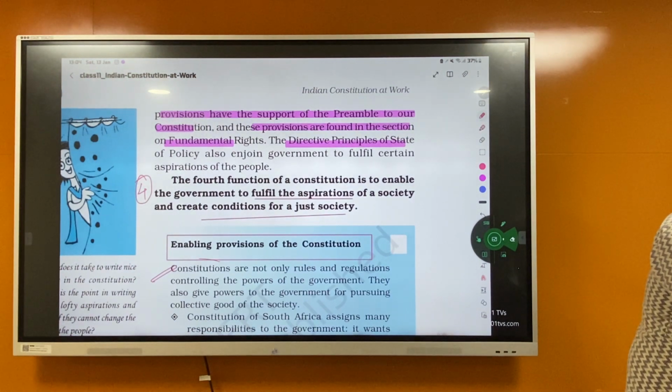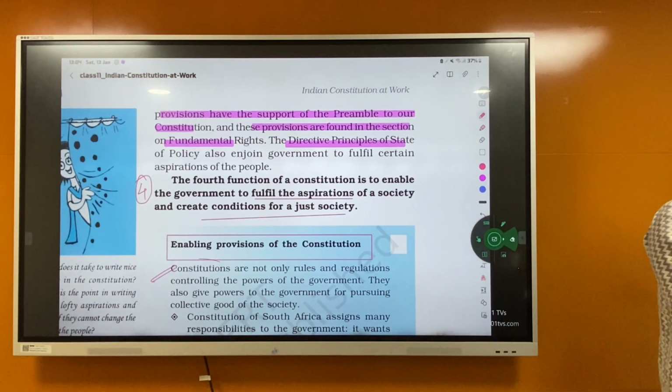If there's a maternity benefit act, like if someone is pregnant and needs some rest, or for the pregnancy time, whatever the things are required for a woman, it is provided through directive principles. It is mentioned in that act. I think Article 42, if I'm not wrong. So it gives those rights to the women.